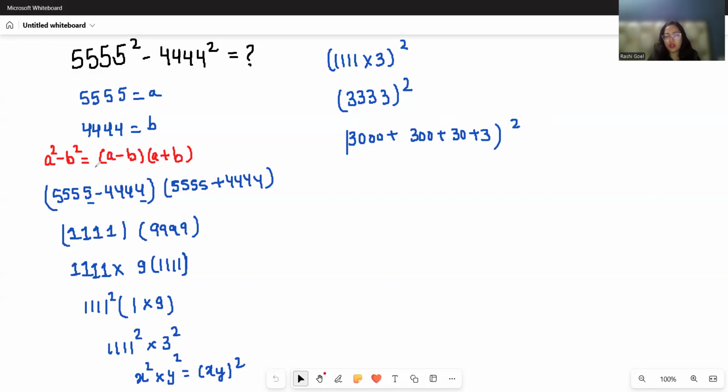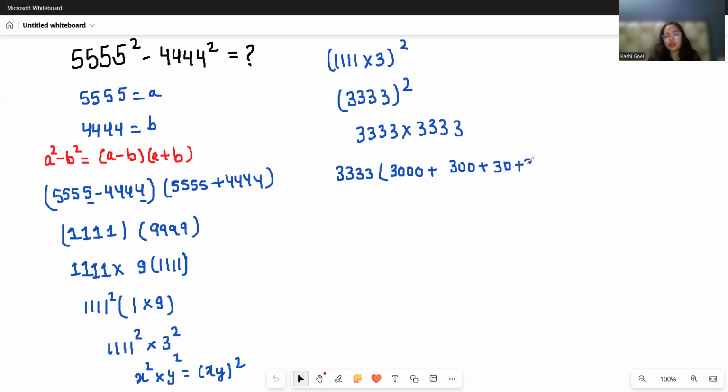This will look difficult, so we can write this 3333 whole square as 3333 times 3333. Now I'll take 3333 as common, so it becomes 3000 plus 300 plus 30 plus 3. Now the multiplication is easy.